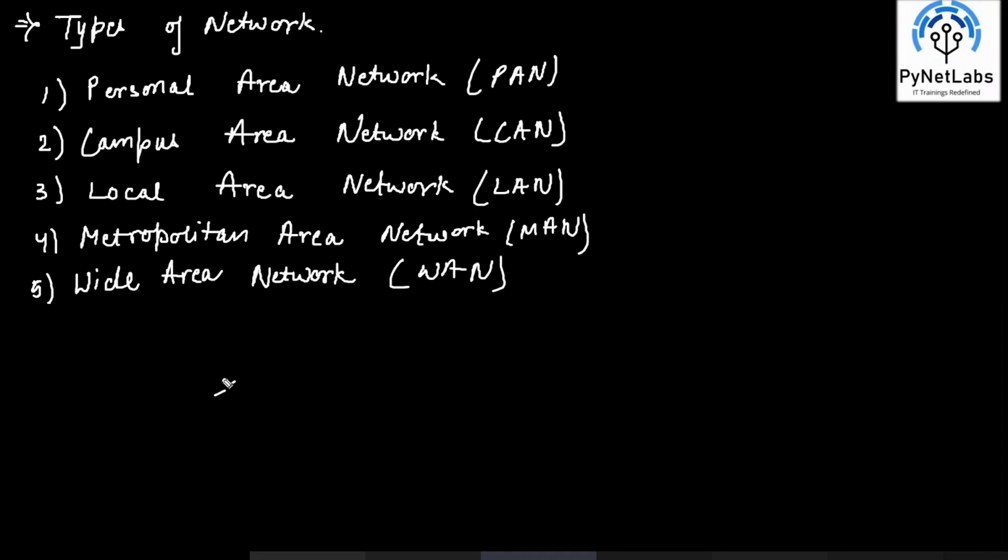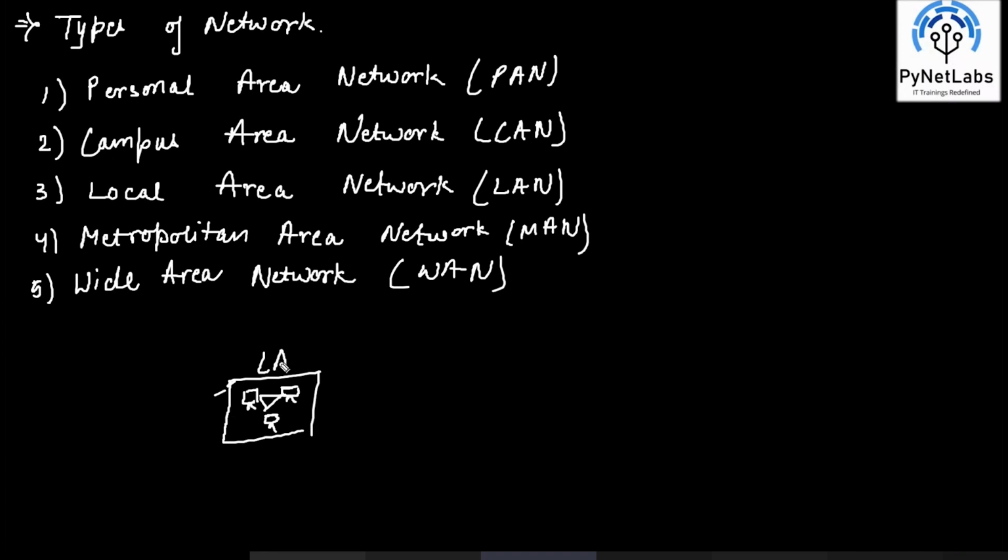So let's just understand this more specifically. Let's say there's an office and there are multiple PCs connected together there. So these three PCs, we can call them a LAN. So these are in a local area network.